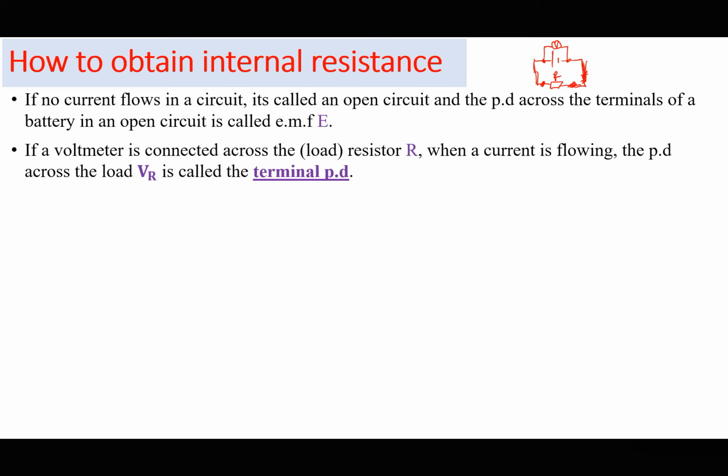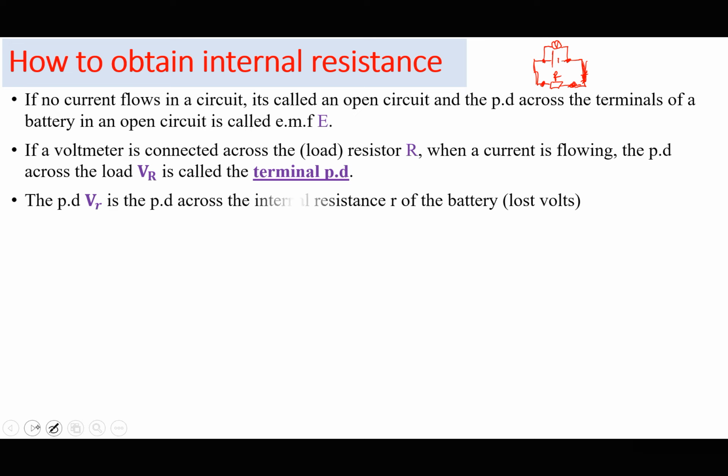And what it is going to be reading is the PD across the resistor R, which we shall call the terminal PD. So we now know the EMF is when there is no current being supplied, and the terminal PD is when there is a current being supplied.